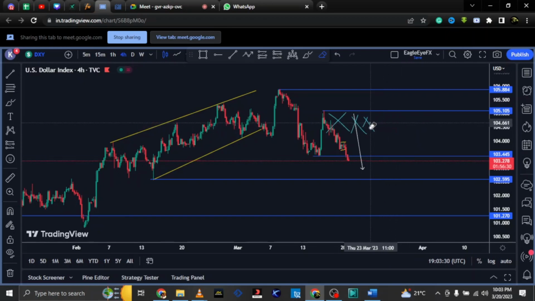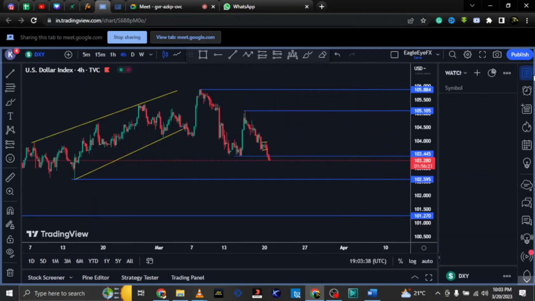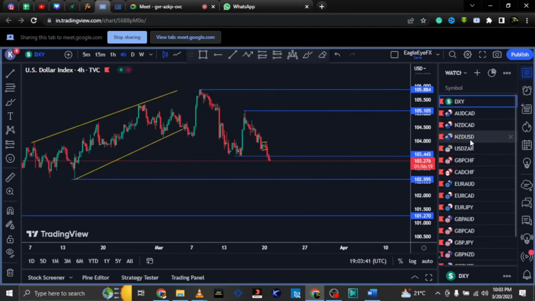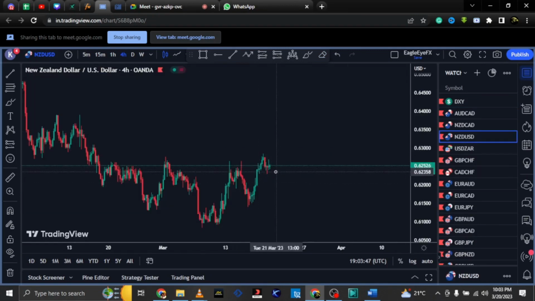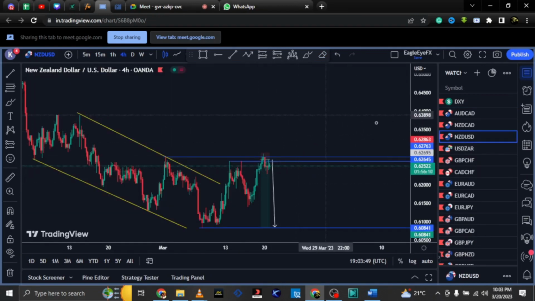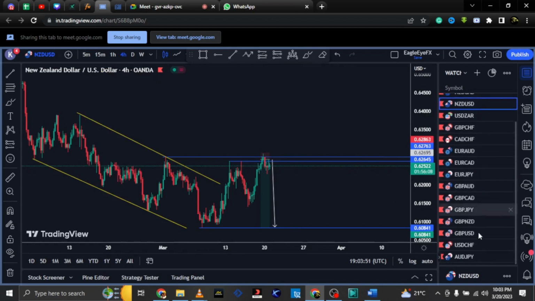So right now the dollar index is bearish. You see pairs like gold, AUD/USD, and this one, you'll see that it tends to show signs of moving in the opposite direction. But it doesn't mean that you don't have to do analysis.